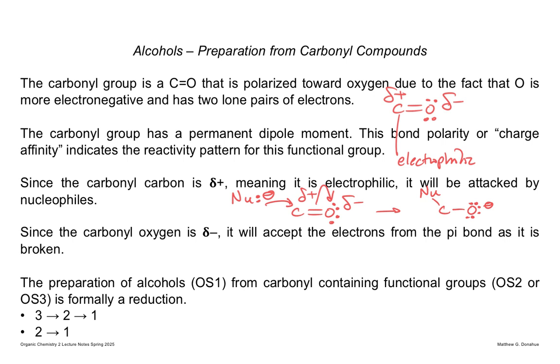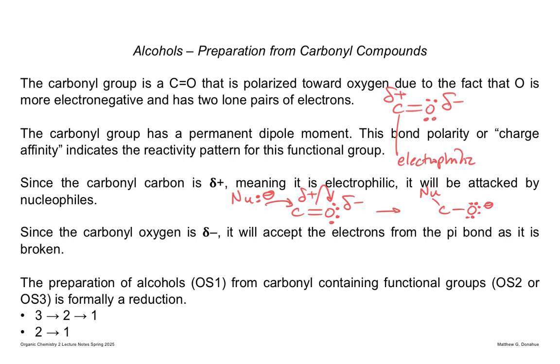So the preparation of alcohols from carbonyl containing functional groups is formally a reduction. So oxidation state 3, we can take a carboxylic acid or ester. We can reduce it down to oxidation state 2, and then that will be further reduced to oxidation state 1, which is the alcohol.